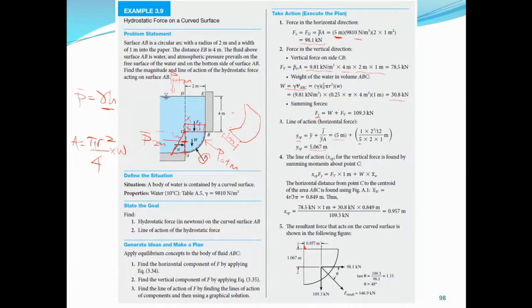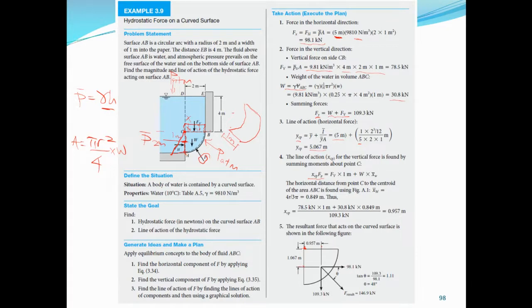This should be equal to the moment due to all the vertical forces, because this is Fy. Fy is the sum of all the vertical forces, weight and Fv. So the moment due to Fy will be equal to the moment due to W and Fv.